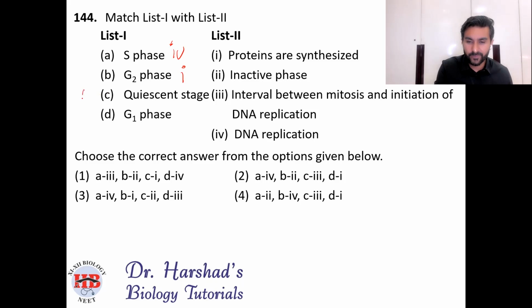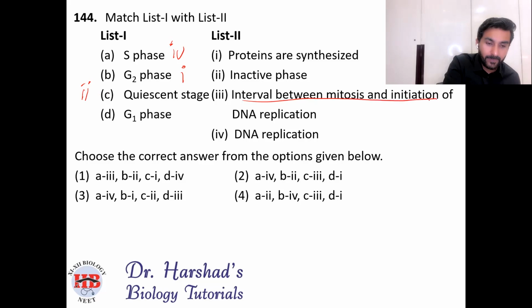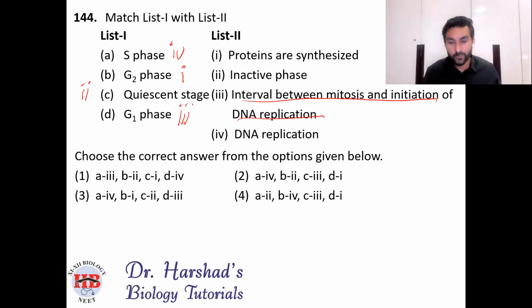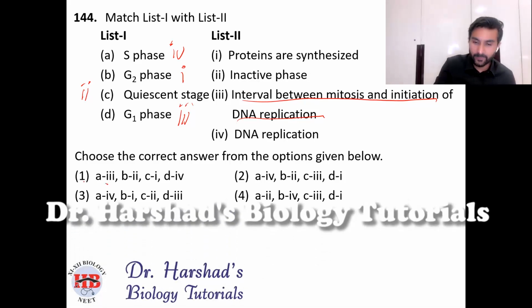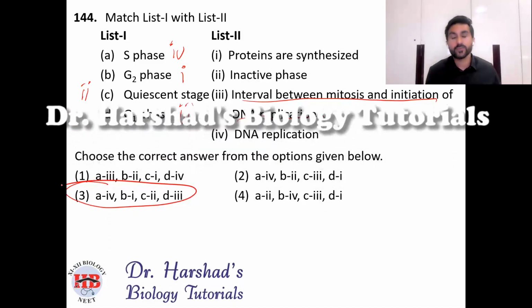Quiescent stage obviously would be C2. It is an inactive phase. Then you have the G1 phase. G1 phase is the phase which follows mitosis. So it's the interval between mitosis and the S phase. So our match would be D3. So A4, B1, C2 and D3. That would be our answer. That is option number 3.